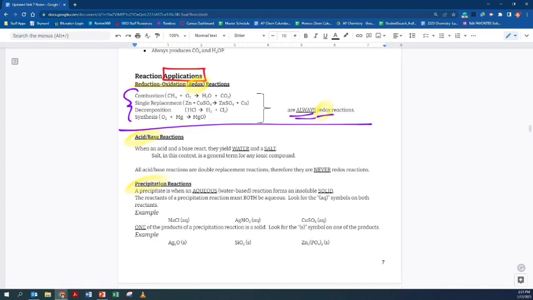So if you have any of these 4 types of reactions, then its application is automatically going to be redox. So 4 out of 5 times, it's going to be redox. So it's always a good guess.